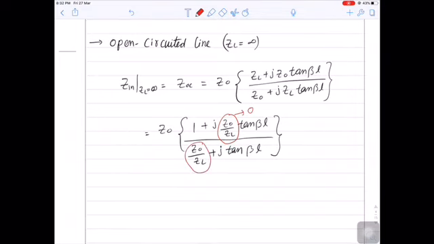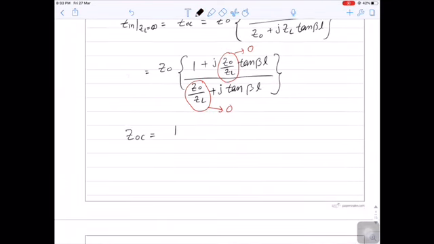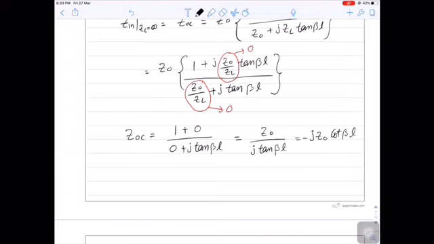Similarly, this part will become 0. 1 plus 0 by 0 plus j tan beta L, that is equal to ZO by j tan beta L, that is equal to minus j into ZO into cot beta L. Therefore, ZOC equals minus j ZO cot beta L. This is the expression for impedance of the transmission line when it is terminated with an open circuit connection.